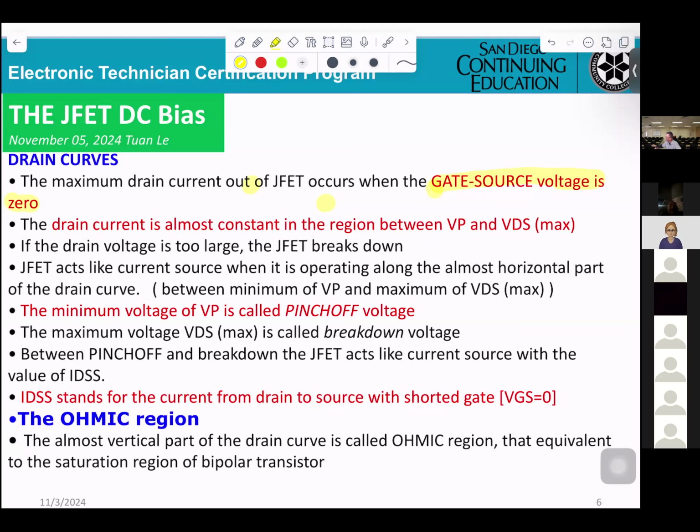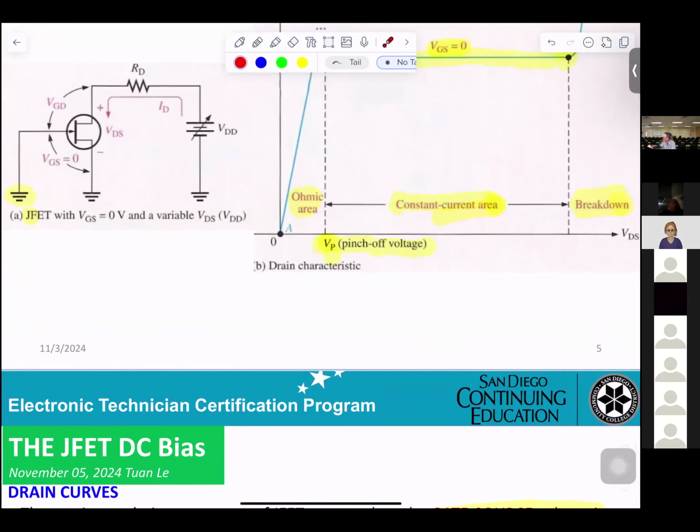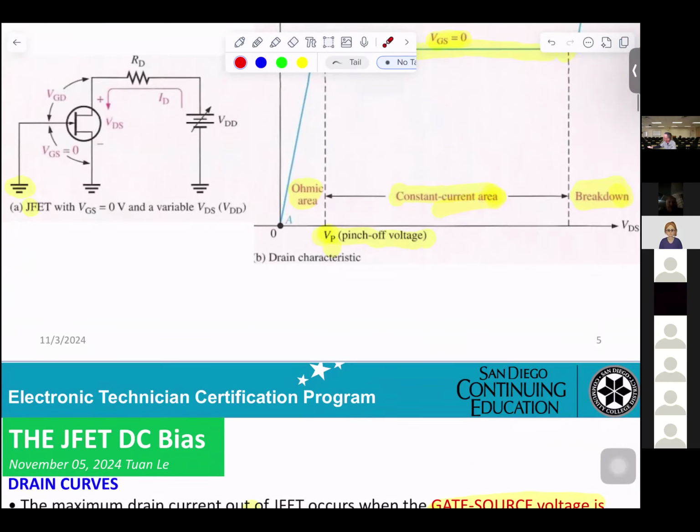The drain current is almost constant in the region between VP and VDS maximum. That's what they're telling you here. That means from VP to VDS maximum, the current in the FET will be constant and equal IDSS.